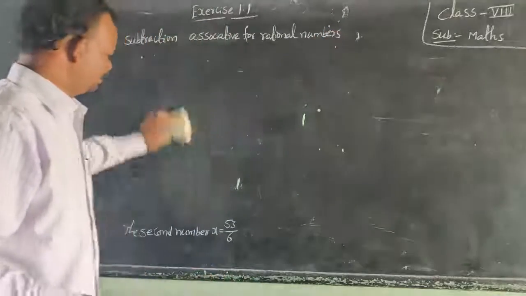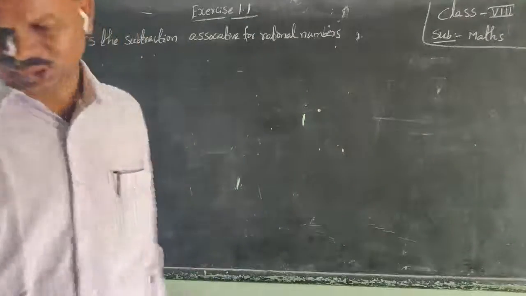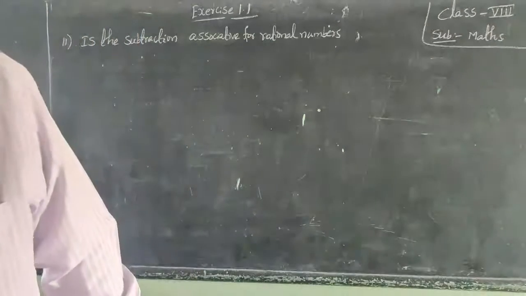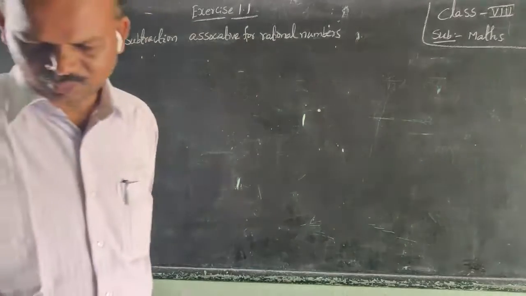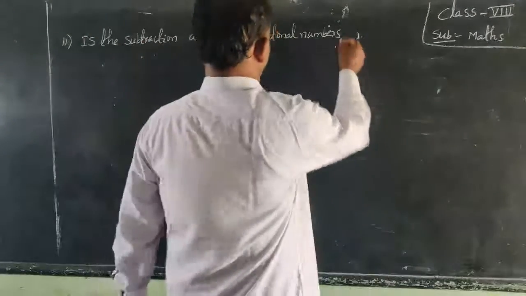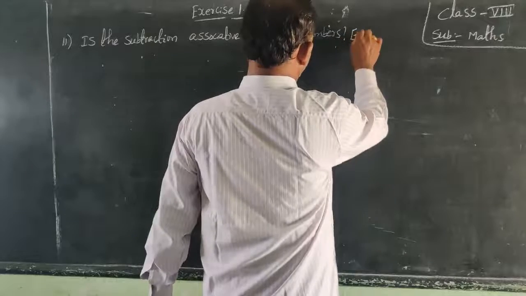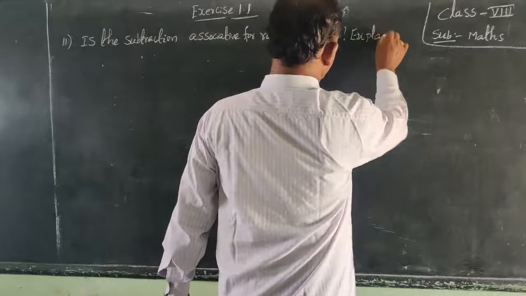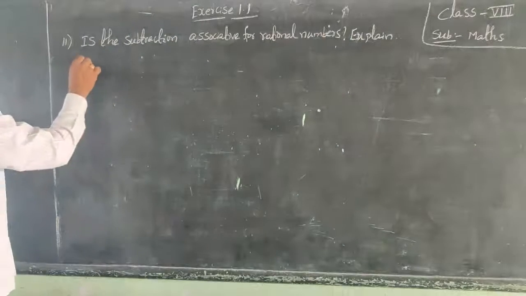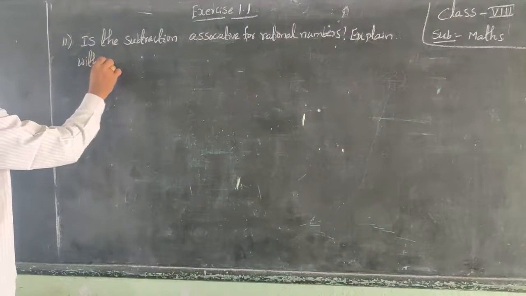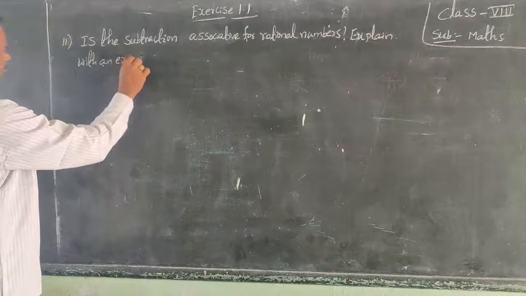Associative property for rational numbers. Explain with an example.